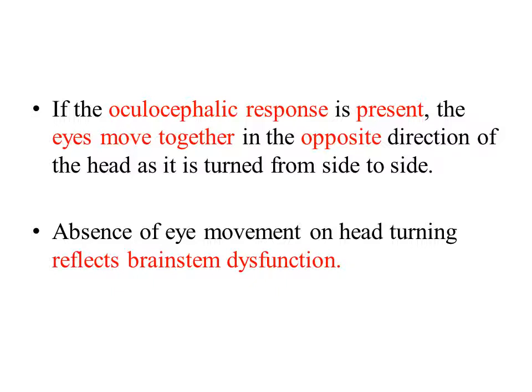If the oculocephalic response is present, the eyes move together in the opposite direction of the head as it is turned from side to side. يعني إذا كان في فعلا موجود الأوكيولوسيفاليك ونقول عنه الأوكيولوسيفاليك ريسبونس is positive، شو بصير؟ العينين يتحركان مع بعض باتجاه معاكس لحركة الرأس عندما نحرك الرأس من جهة إلى جهة.